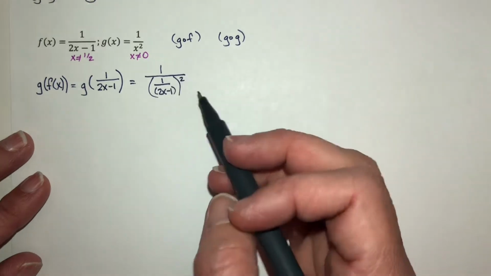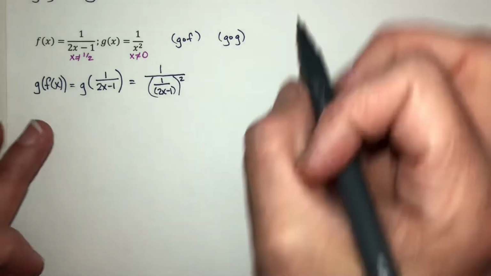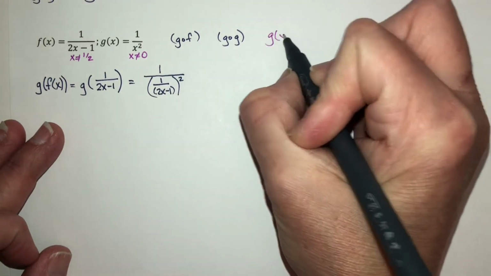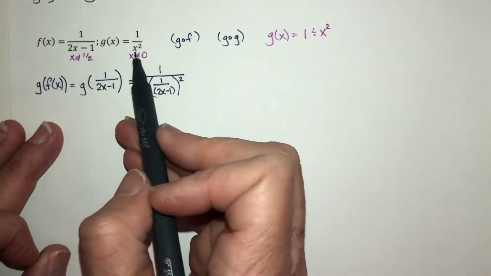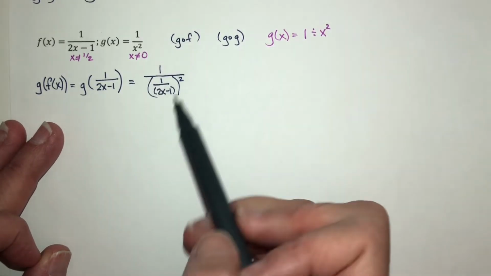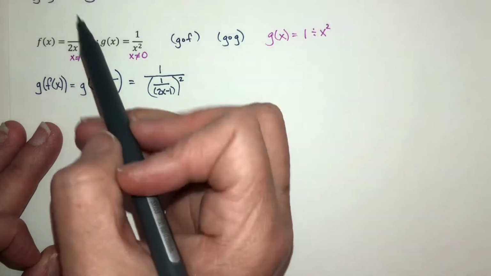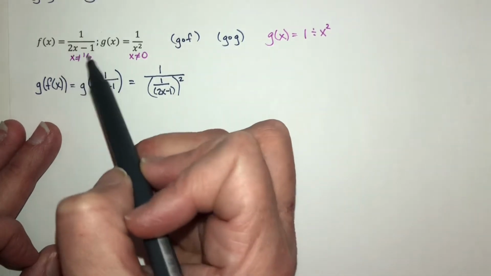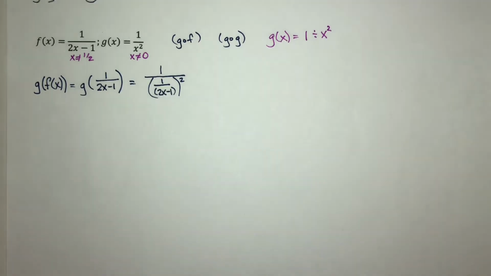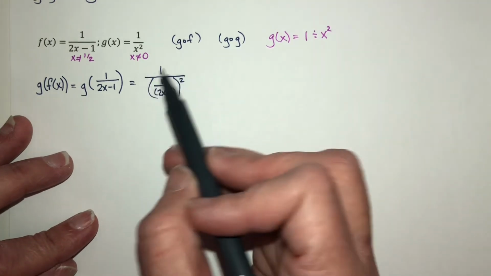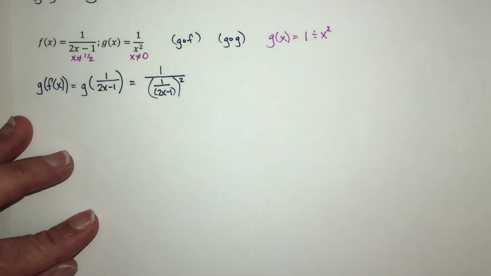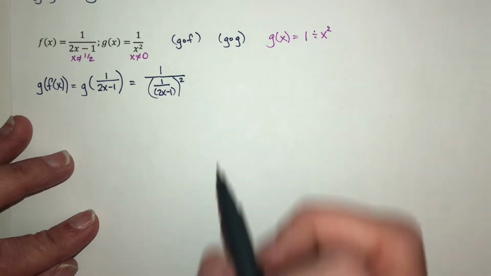I could have, in the very beginning, rewritten g of x as 1 divided by x squared. Same thing as the fraction, and it would have made it look a little bit prettier. I could do the same thing here as 1 divided by this in parentheses, and that's definitely a good option when you're working problems like this. For right now, I'm just going to do this the long, hard way where things get complicated so that you can remember it all and then make your own adjustments as you see fit.